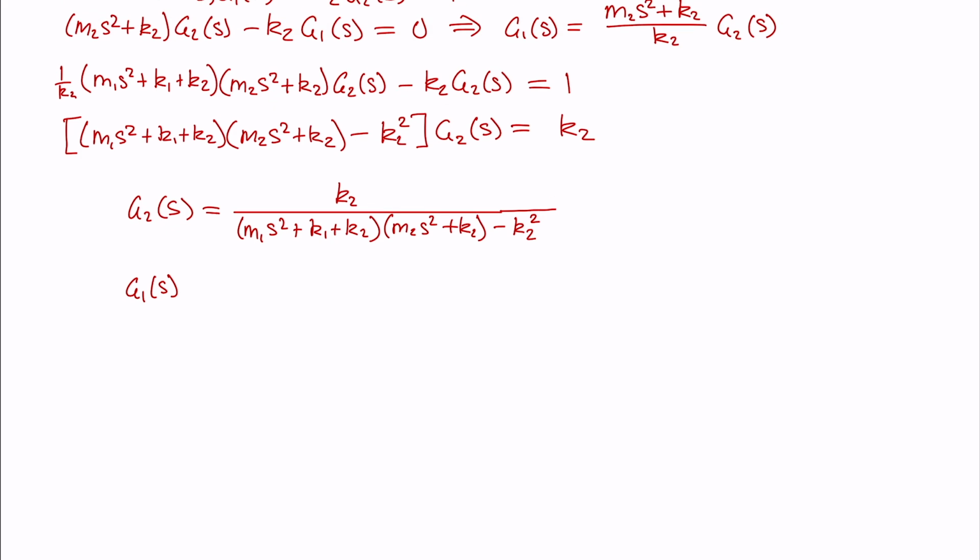We can substitute this in for our expression for G1, and we'll end up canceling a K2. In our numerator, we're going to get M2 S squared plus K2. In the denominator, we get M1 S squared plus K1 plus K2 times M2 S squared plus K2 minus K2 squared.